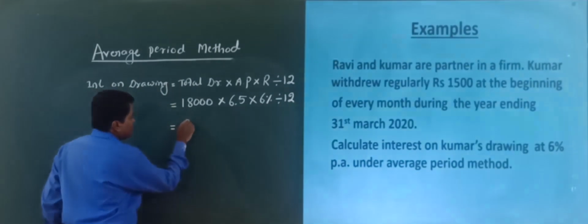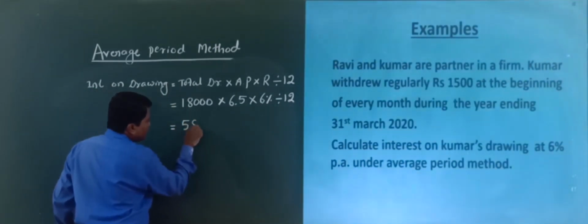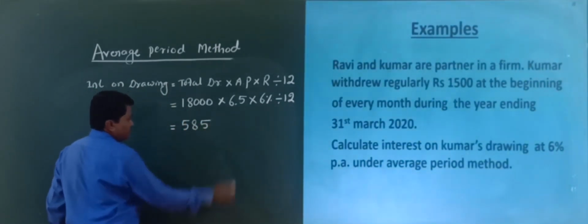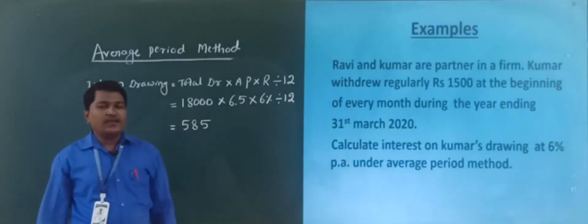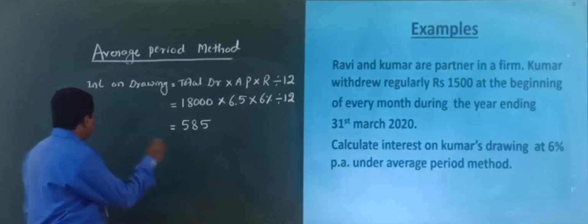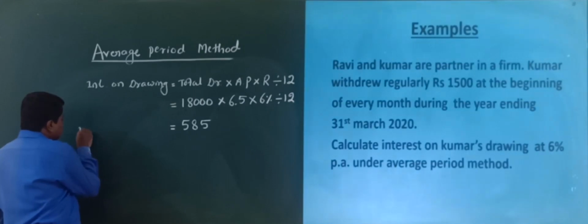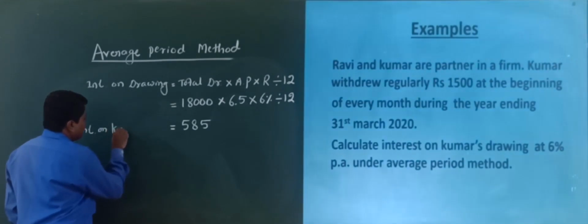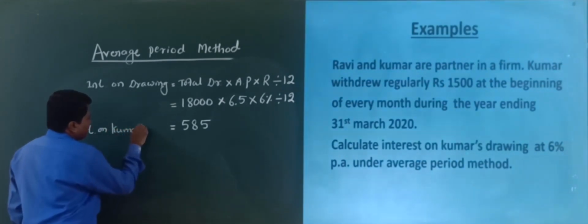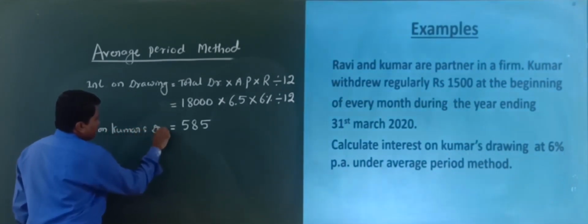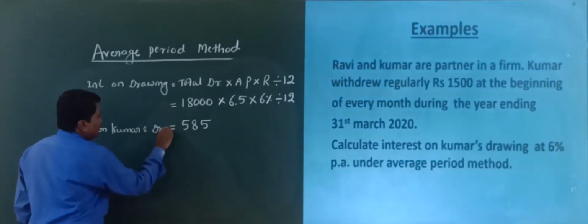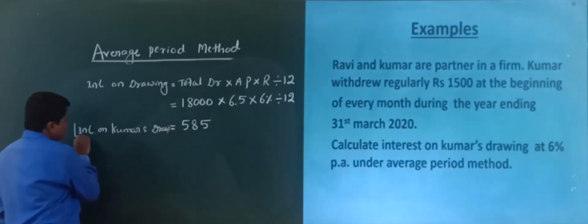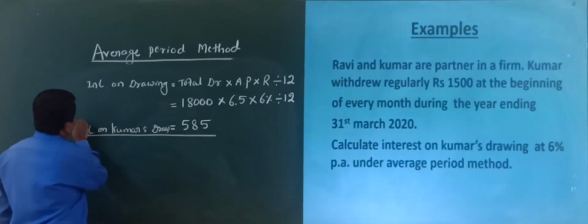So what's the answer? Yes, very good. 585. So this 585 is called interest on Kumar's drawing. Right? Interest on Kumar's drawing.